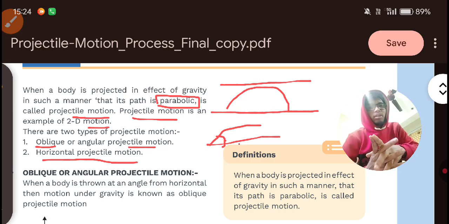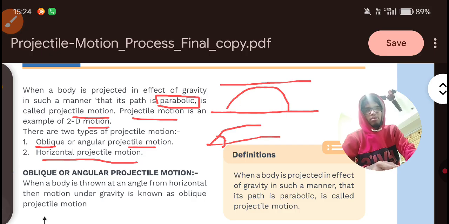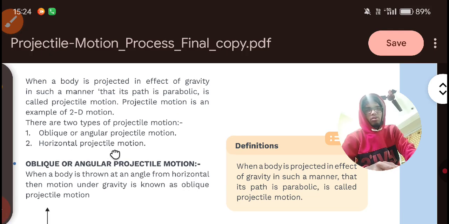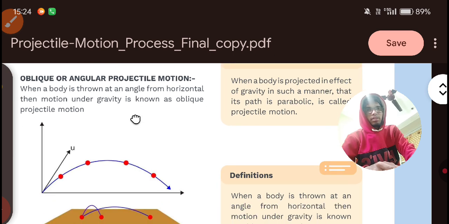If this projectile motion is happening under gravity, then it will be known as oblique projectile motion.